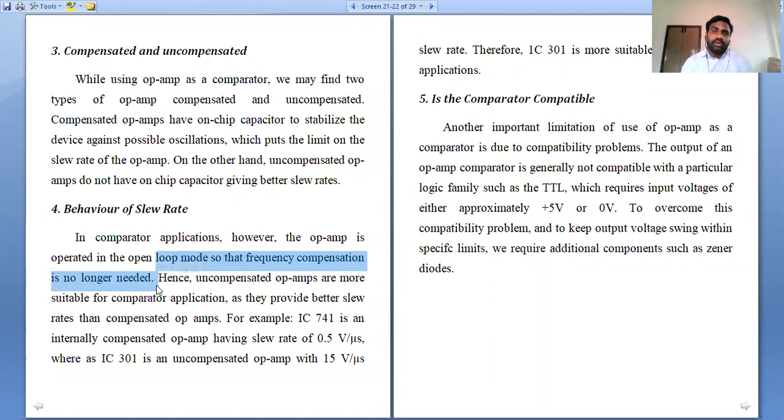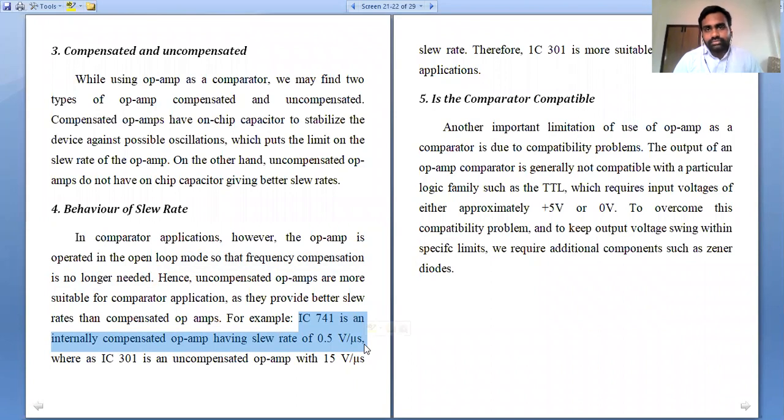But in open loop operation, we don't use any feedback. In some applications we also use positive feedback, but that doesn't mean we need frequency compensation. So these uncompensated op amps have a better slew rate compared to frequency compensated ones. For example, the IC 741, which is internally compensated with the dominant pole technique and pole-zero compensation, has a slew rate of 0.5 volts per microsecond.